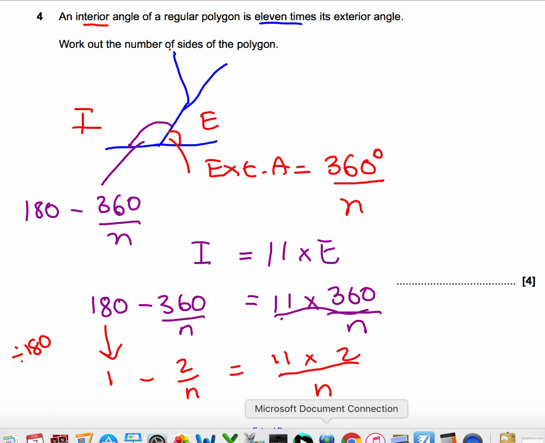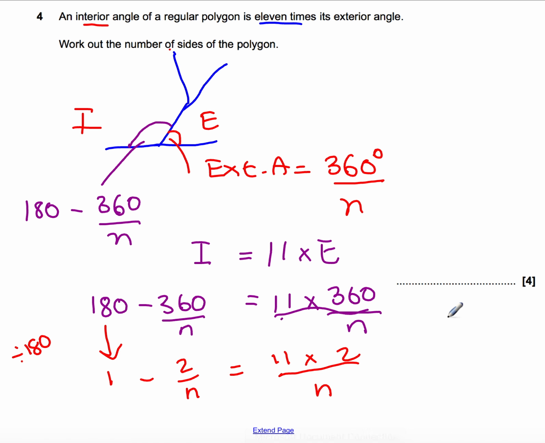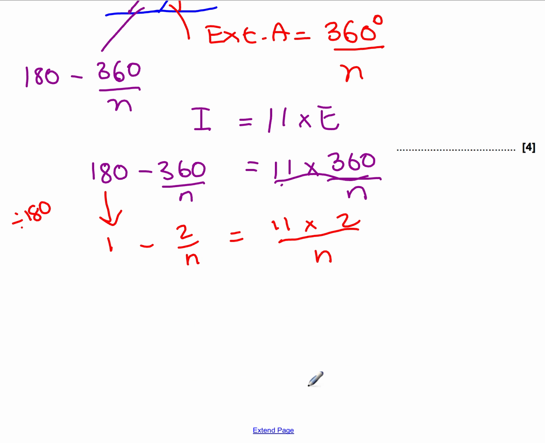Okay, now I've tidied up the equation so it looks a lot simpler, but still we have some fractions. Now, when I'm dealing with fractions, I'm going to rewrite 1 as n divided by n, because n divided by n is 1. So this is going to be rewritten as n over n minus 2 over n, which equals 11 times 2 over n.